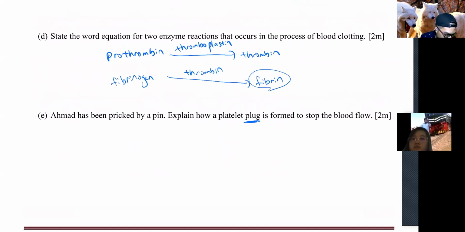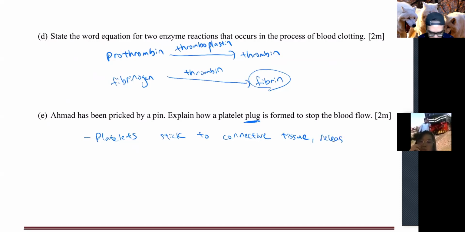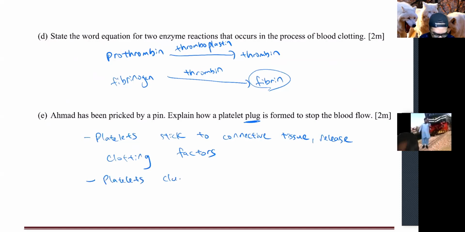So what happened here is, first, platelets stick to connective tissue, or you can say collagen in your blood vessel wall, and then release clotting factors. Platelets clump together and form a plug.